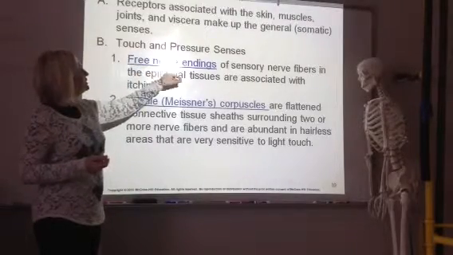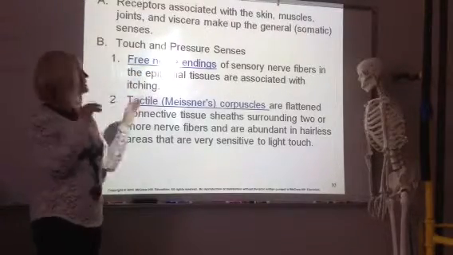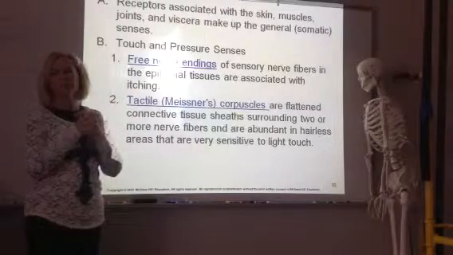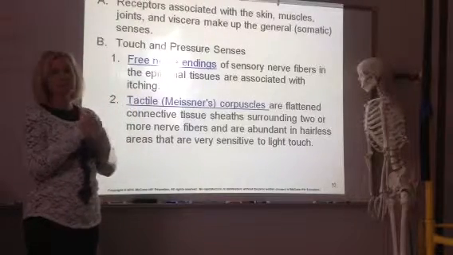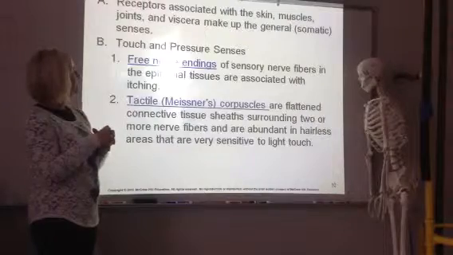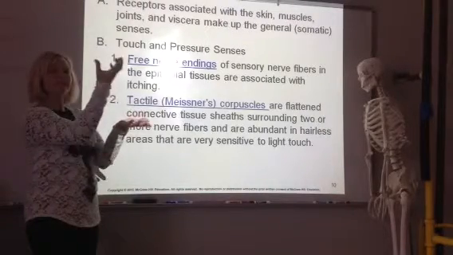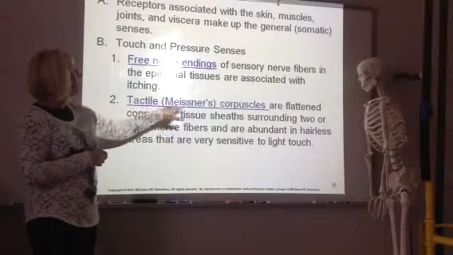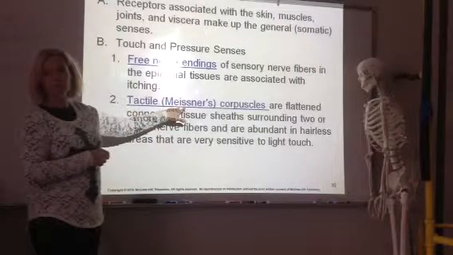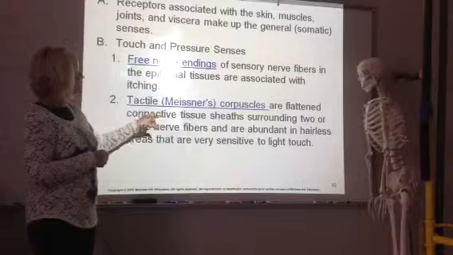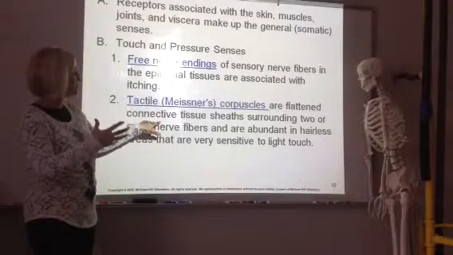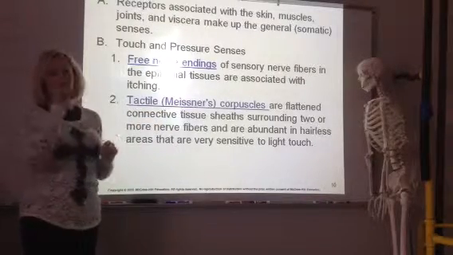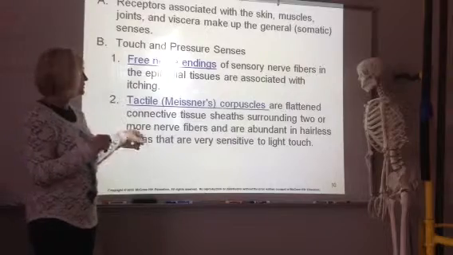Free nerve endings of sensory nerves are found in your skin tissue, in your epithelials. And we'll look at a diagram of that. The free ends are going to be facing up towards your skin. Tactile Meissner's corpuscles are flattened connective tissue sheaths that surround two or more nerve fibers.